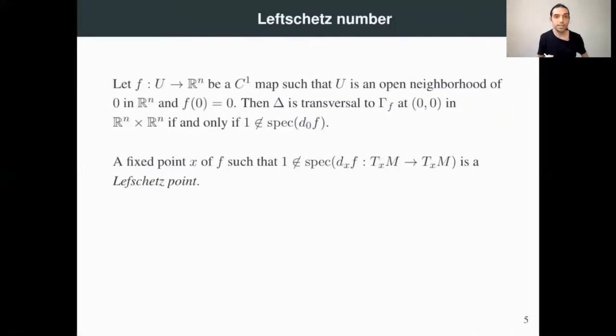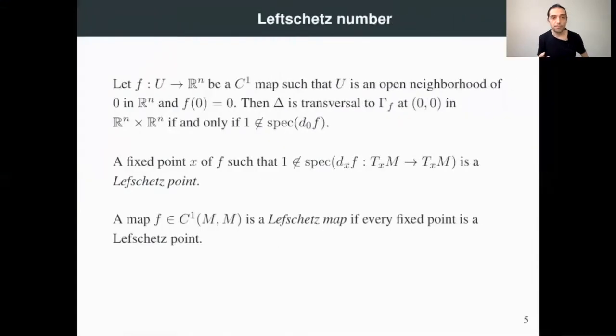A fixed point x of f such that 1 is not an eigenvalue of the differential of f at the point x is a Lefschetz point by definition. Okay? And a map f, a C1 map, is called a Lefschetz map if every fixed point is a Lefschetz point. Lefschetz fixed points are isolated, so a Lefschetz map has finitely many fixed points.